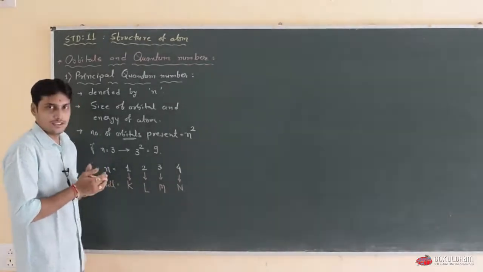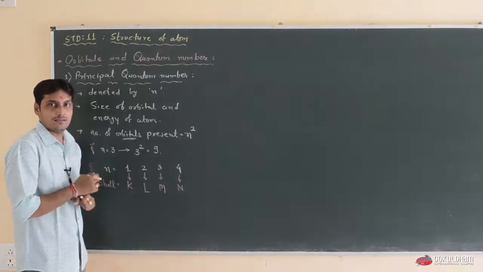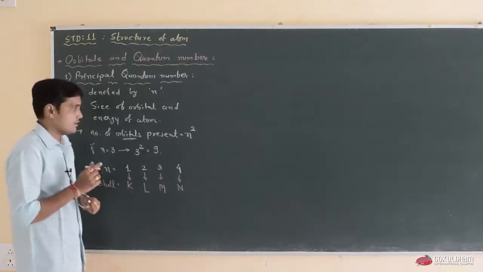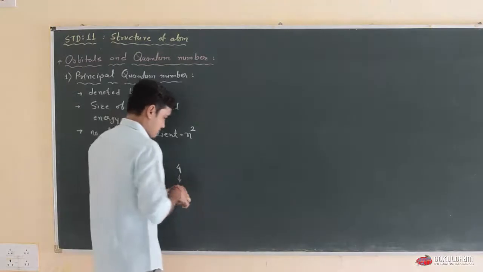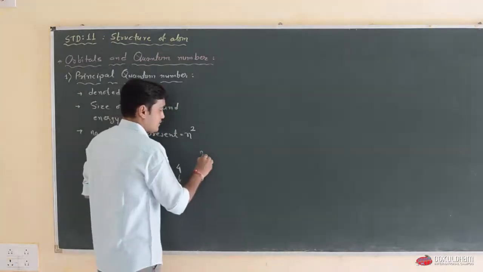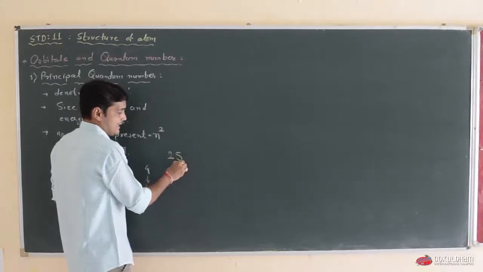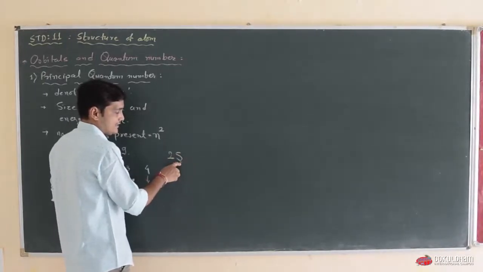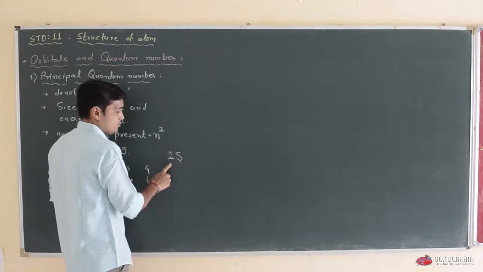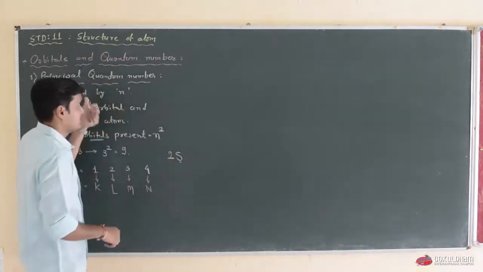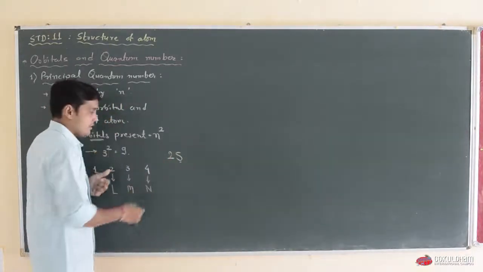The first digit of any orbital is known as the principal quantum number. Suppose a 2s orbital: this s is an s-shaped orbital, and this 2 is the principal quantum number.